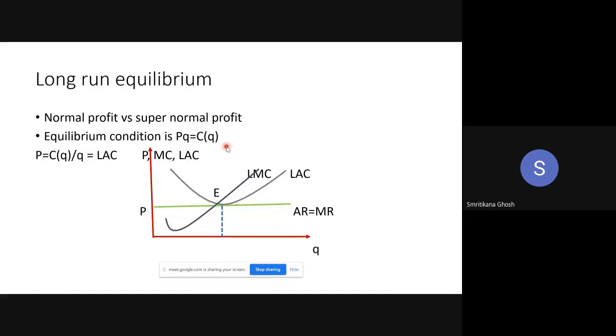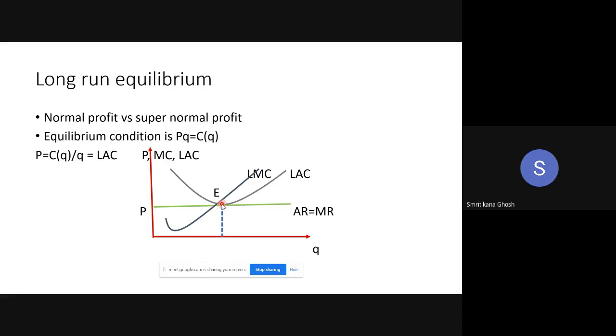So you know the equilibrium condition, d pi dq will be 0, so P is equal to C divided by Q, that is LAC. So this is something additional. You are getting your normal equilibrium, that is P is equal to AR is equal to MR is equal to MC. Here MC is LMC obviously because it's a long run. And the additional thing is that at the equilibrium, your AC should be there.